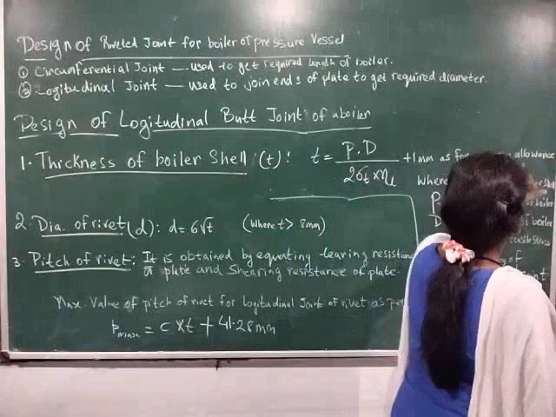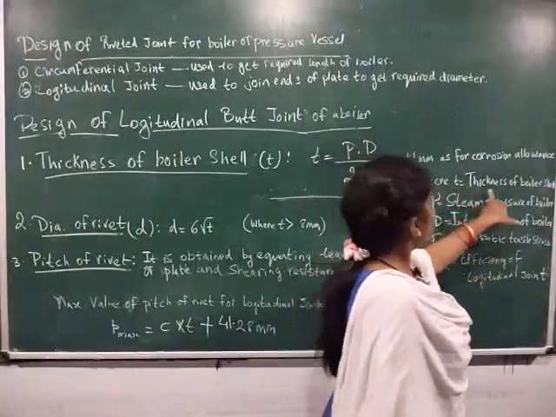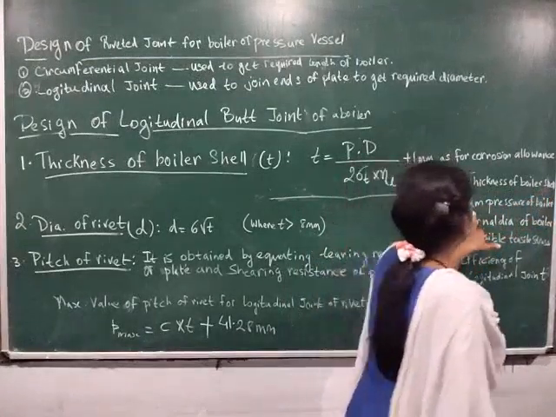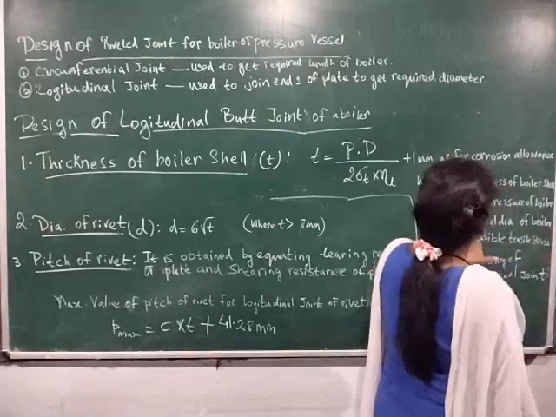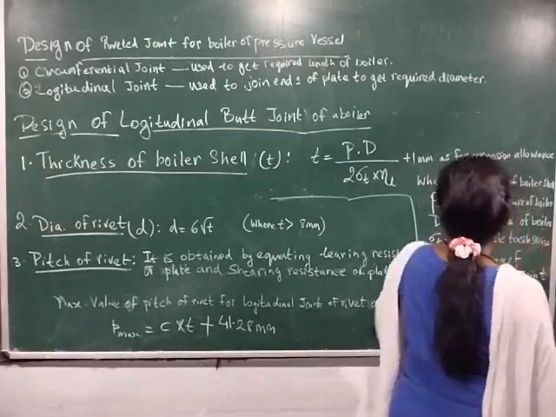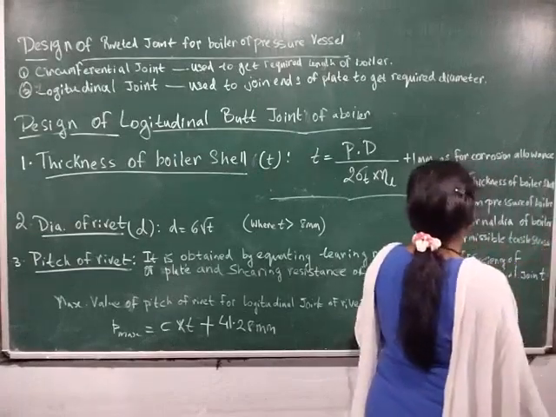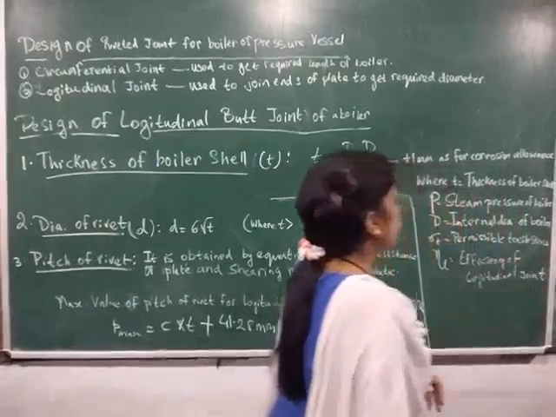For corrosion allowance. Here t is the thickness of boiler shell, P is the steam pressure of the boiler, D is the internal diameter of the boiler, sigma T is the permissible tensile stress and efficiency L is the efficiency of longitudinal joint.